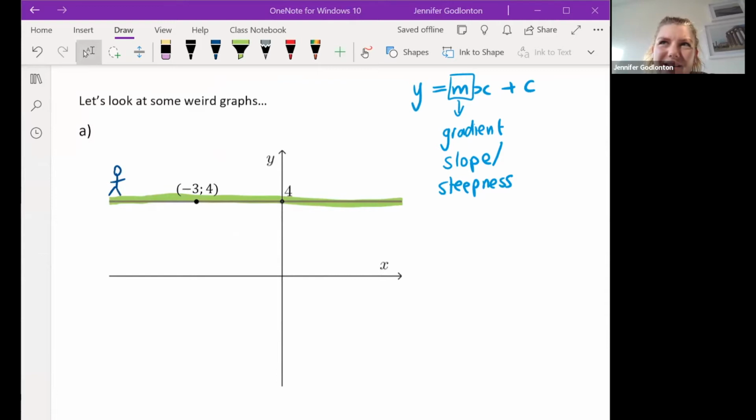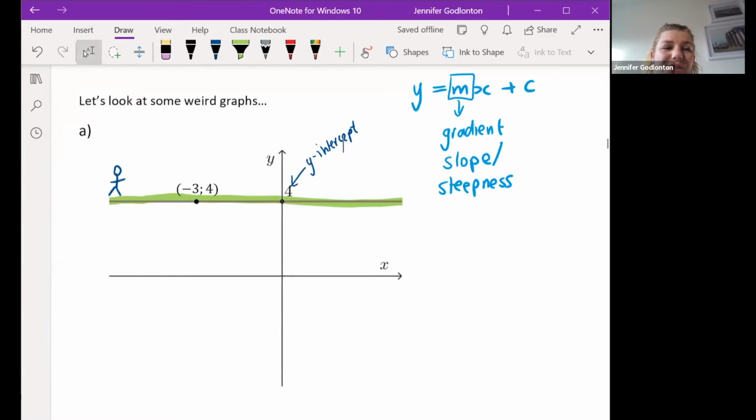It has an intercept. So good. Perfect. What else can you tell me about this green line? Since the 4 is the y intercept, the coordinates are going to be 0, 4.